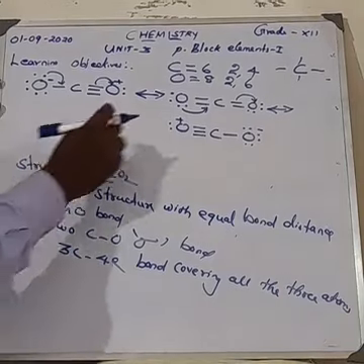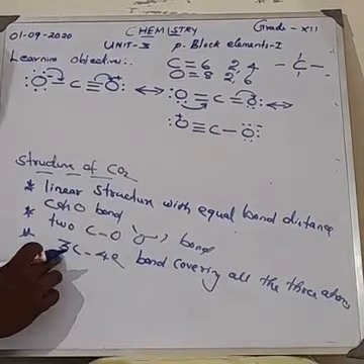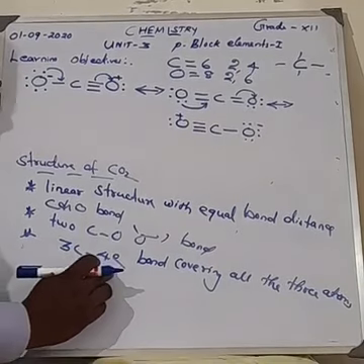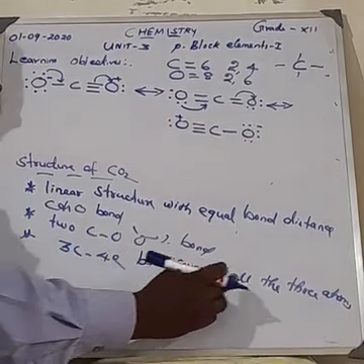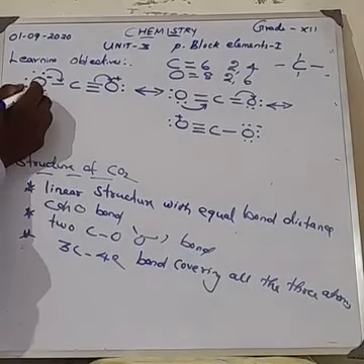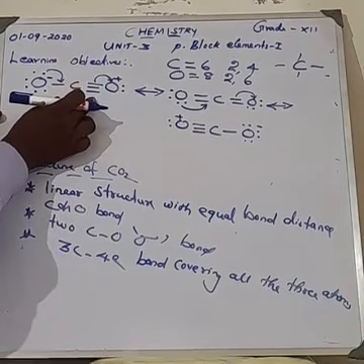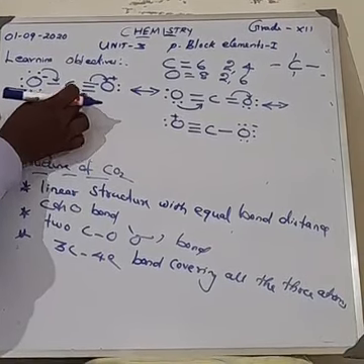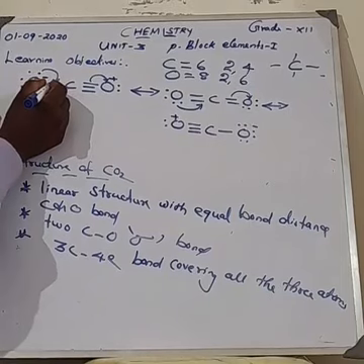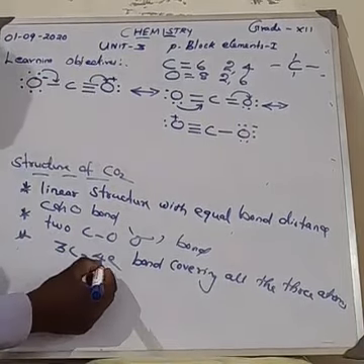I told you there is a third point: the structure of carbon dioxide has a 3 center, 4 electron bond covering all the 3 atoms. They have 3 centers: 1, 2, 3. Here there is a bond pair, 4 electron bond.